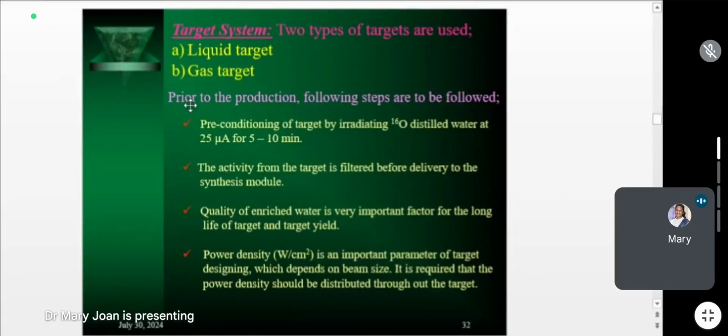The activity from the target is filtered before delivery to the synthesis module. The quality of enriched water is a very important factor for the long life of the target and target yield. Power density, watt per centimeter square, is an important parameter of target designing, which depends on beam size. It is required that the power density should be distributed throughout the target.